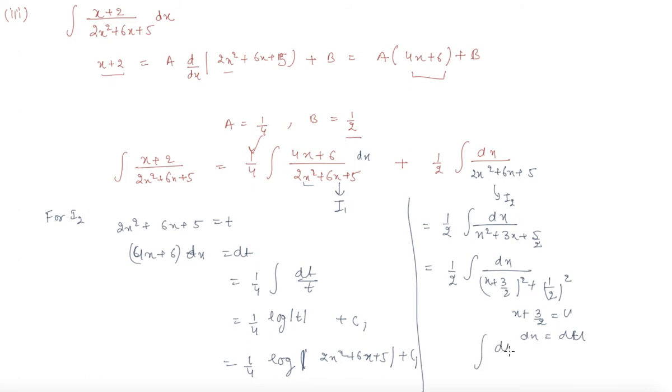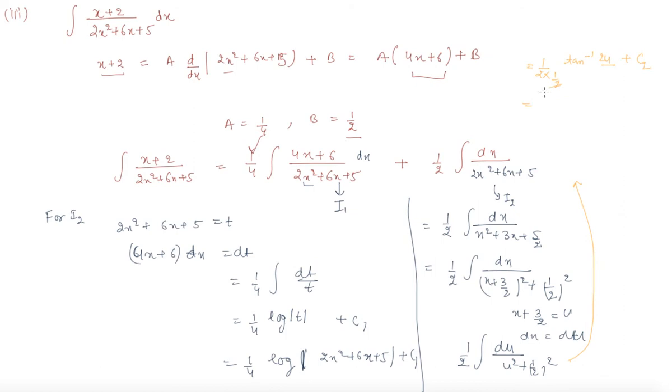So the expression converts to u square plus half square, with the half outside. Now I am writing it down here because of the space crunch. So what I will get is 1 by 2 into half tan inverse of u by half, so this is 2u, plus c2.